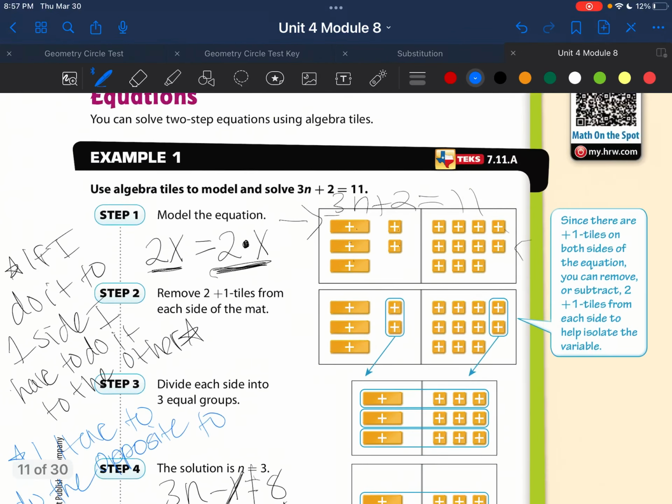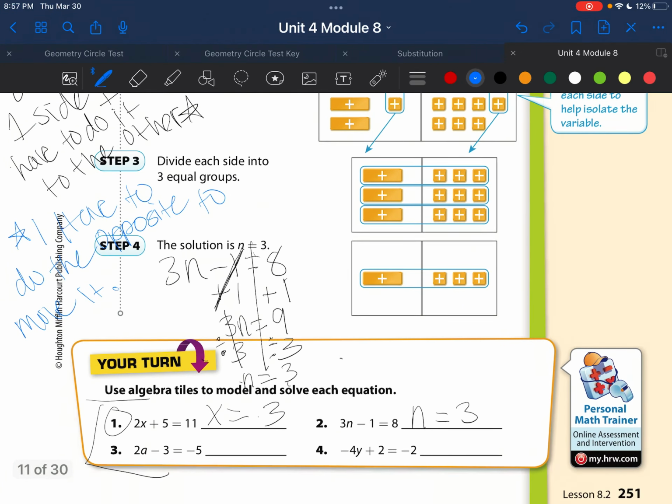You're going to have a lot of notes on this one, so please make sure that you are copying those down. Again, if you need to pause this at any point in time, you're more than welcome to. I'm just going to keep going.